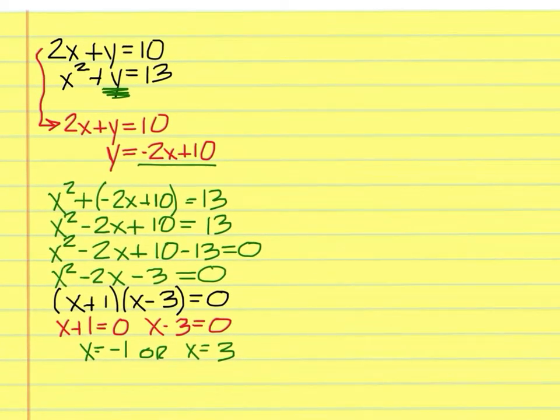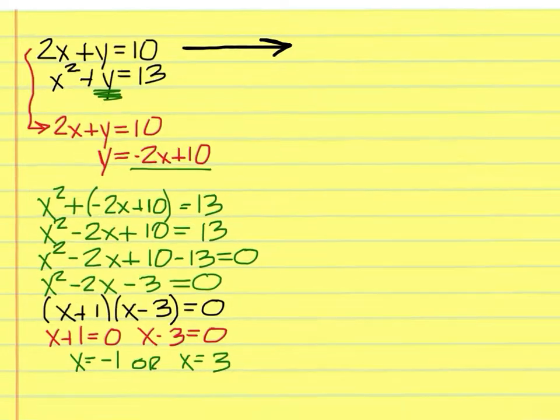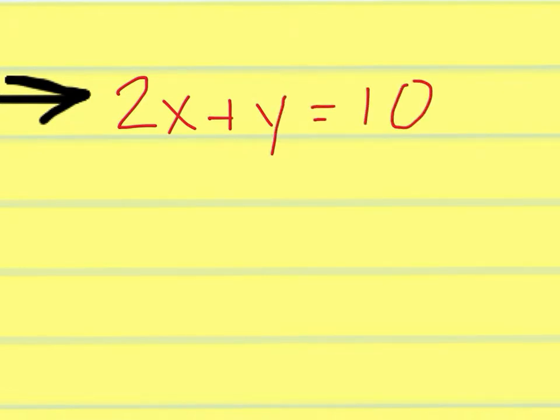Now you have to use the negative 1 and the 3 back in one of these equations up at the top to solve for y. I'm going to use 2x plus y equals 10, and I'm going to insert the negative 1 that we found for x.